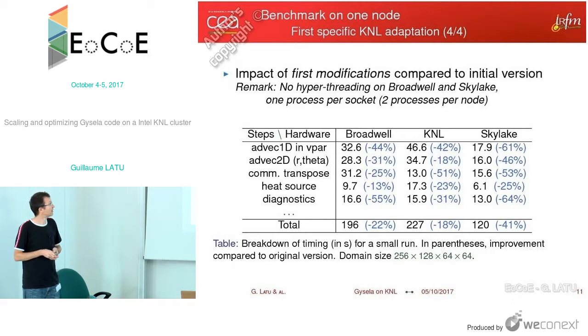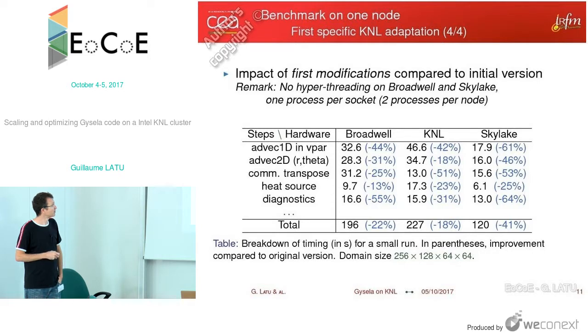And we are just looking at the execution time. So the main improvement is here in blue, in percentage, and execution time is shown here in black. So what we can see is that KNL is a bit more costly than Broadwell. So the percentage is the execution time we got at the end of this first optimization phase compared to the initial version.